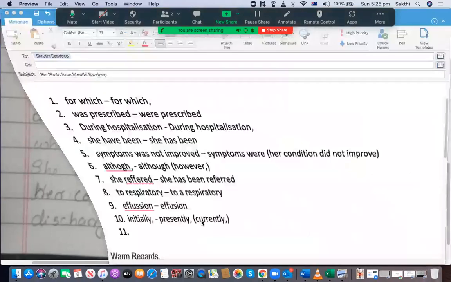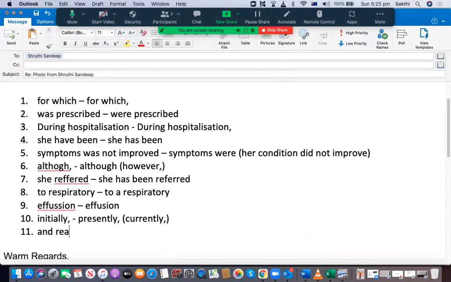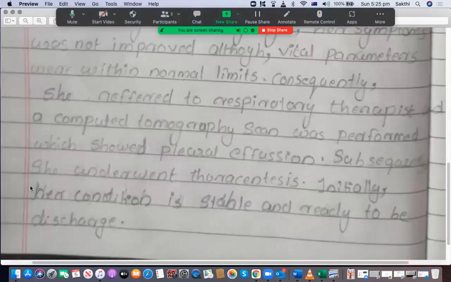Okay, and she is ready to be discharged and ready. The problem is the subject in this sentence is "her condition," isn't it? So that's the subject. You are using the same subject for the second part of the sentence as well, that is ready to be discharged. There's another mistake, I'll tell you that. "And her condition ready to be discharged," can we use this subject here as well?